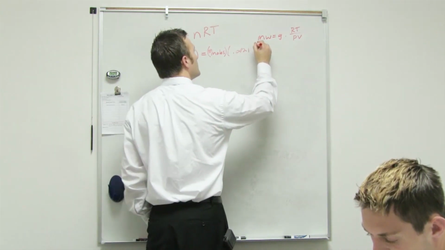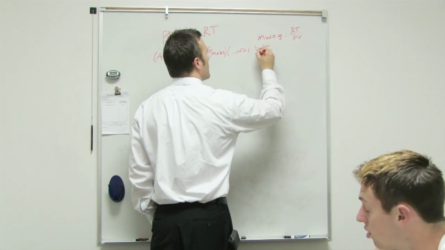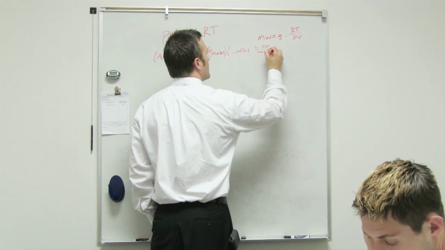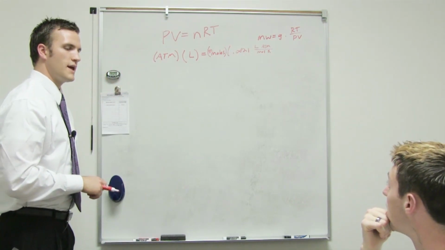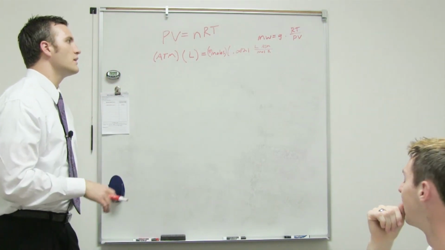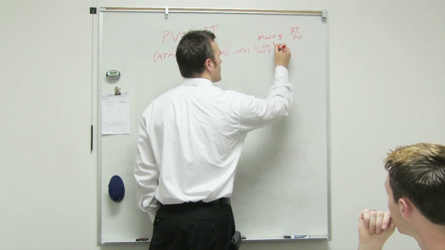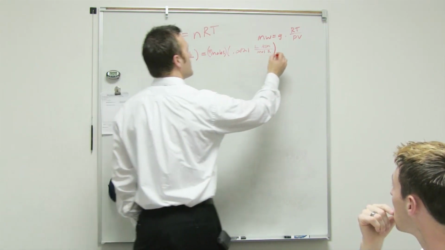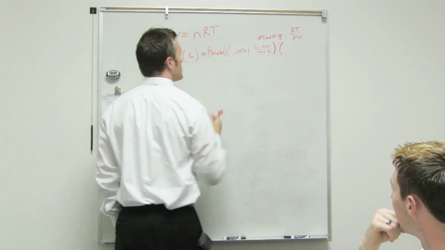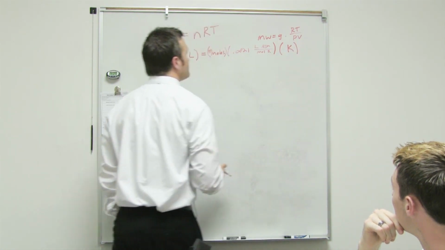Yes. Are you using the other R right now? We won't worry about it because it has different units, but we'll talk about it. And what about temperature? Kelvin. Good.